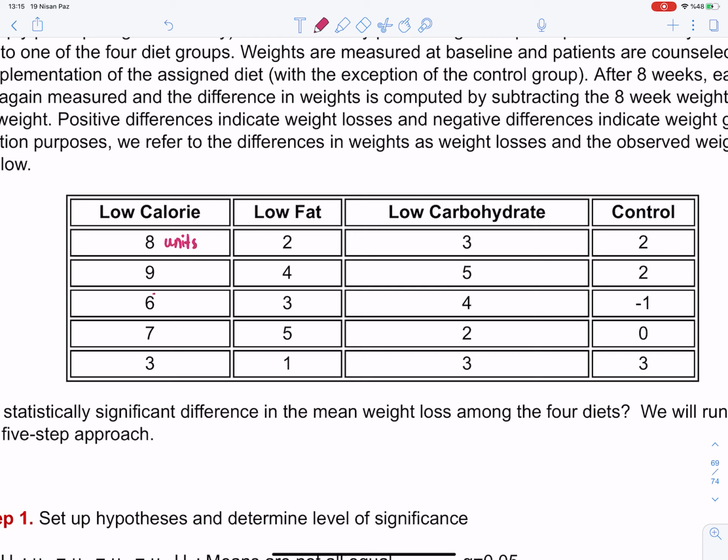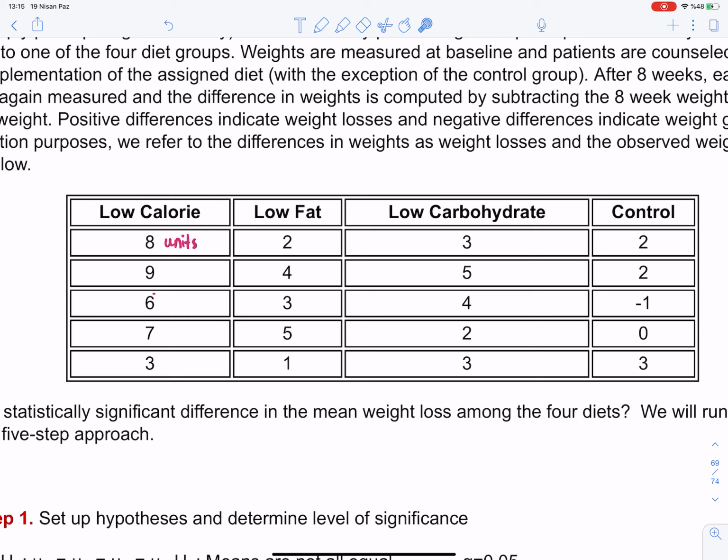The first person applying low carbohydrate is losing 3 units, the second one 5 units, the third one 4, the fourth one 2 units, and the other one 3 units.